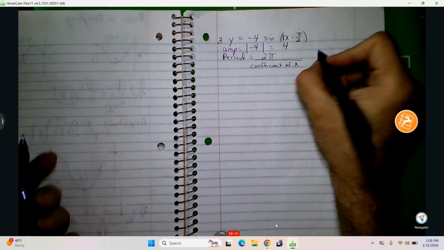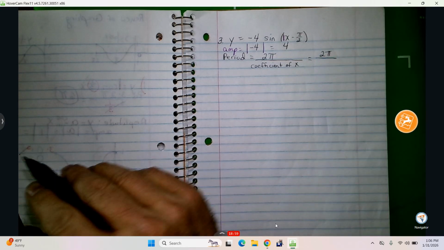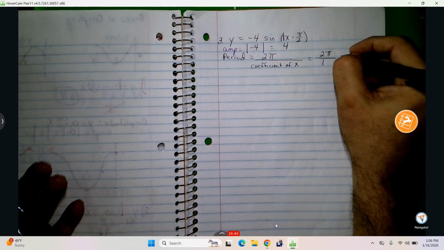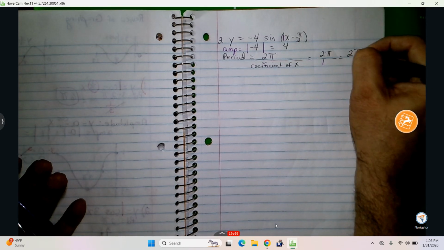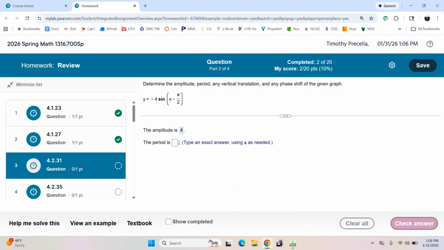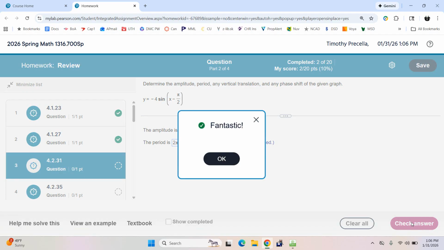So what's that going to give us as a period? 2 pi over 1 is just 2 pi. So 0 to 2 pi. It'll make one of those cycles over the period from 0 to 2 pi.